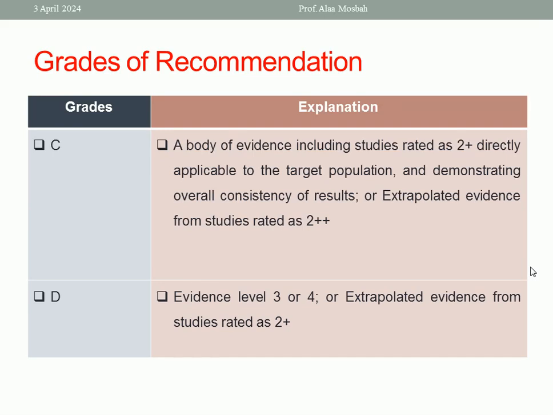A body of evidence including studies rated as 2, directly applicable to the target population and demonstrating overall consistency of results, or extrapolated evidence from studies rated as 2. Let us go to grade D. Grade D is evidence level 3 or 4, or extrapolated evidence from studies rated as 2.